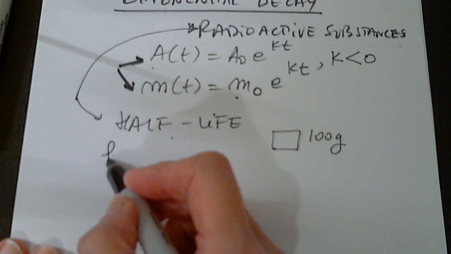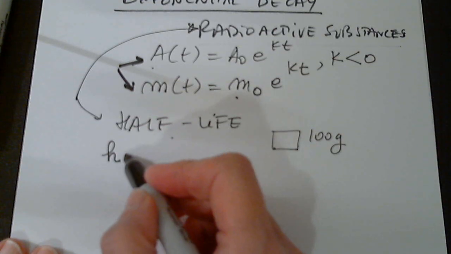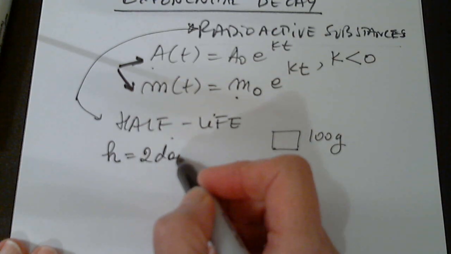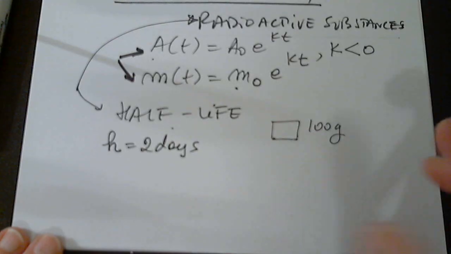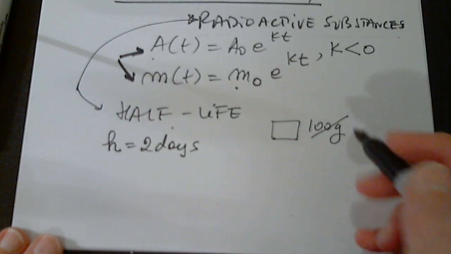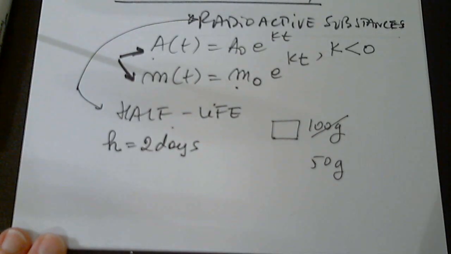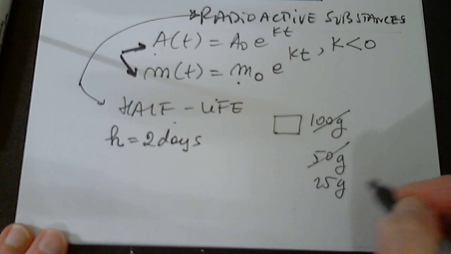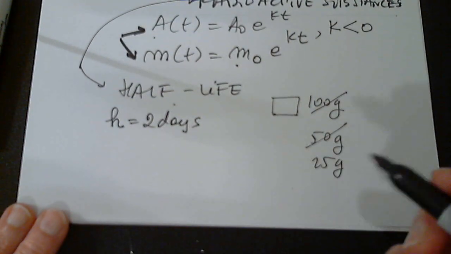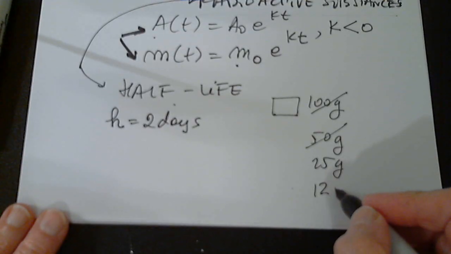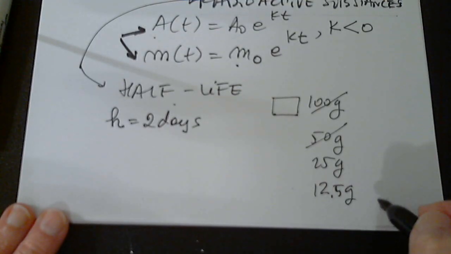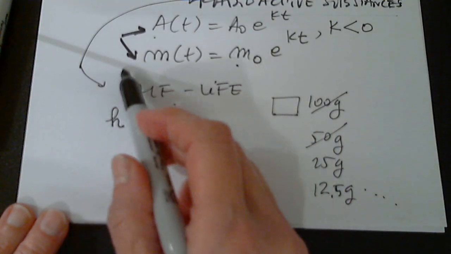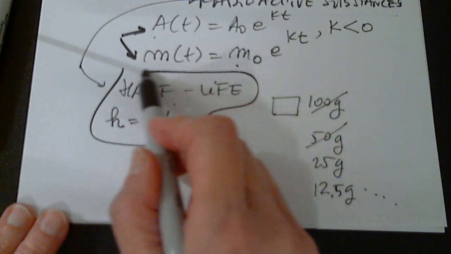If the half-life, H, let's say is 2 days, it means that 100 grams in 2 days will be 50. After 2 more days, it will be 25. After 2 more days, this will be 12.5, and so on and so forth. This is what the half-life represents.